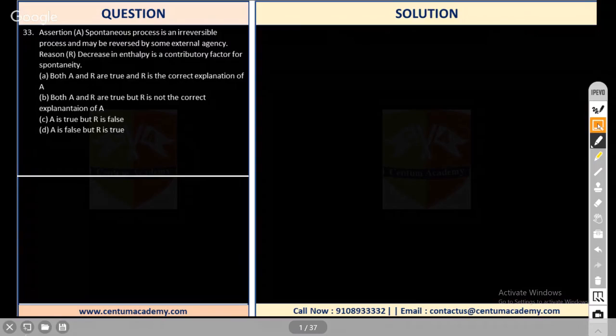Tell me the answer of this question. Assertion: a spontaneous process is an irreversible process and may be reversed by some external agency. Reason: decrease in enthalpy is a contributory factor for spontaneity.